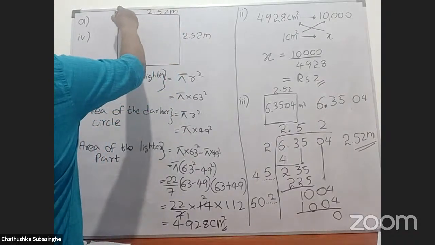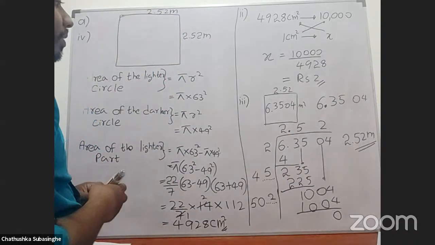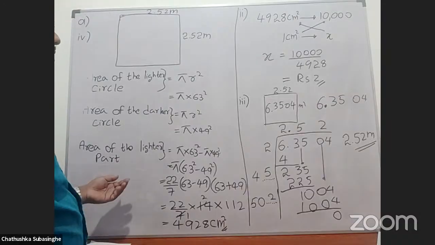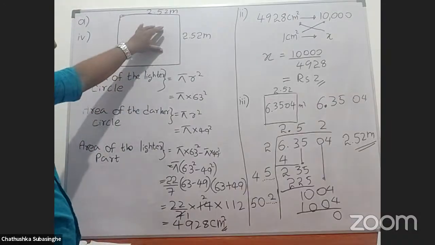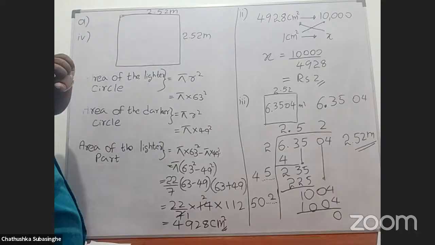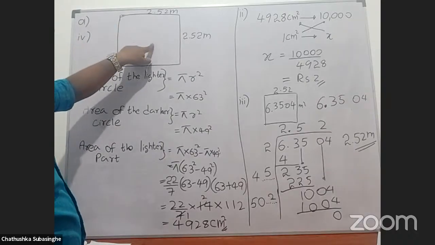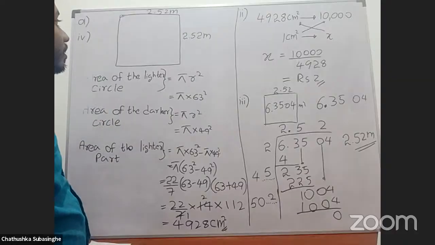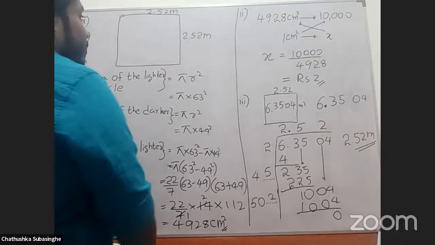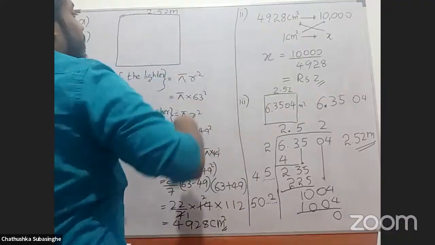And then we have to check how many circles we can have. The whole circle has a radius of 63 centimeters. Let's convert this to centimeters because the circle was in centimeters.